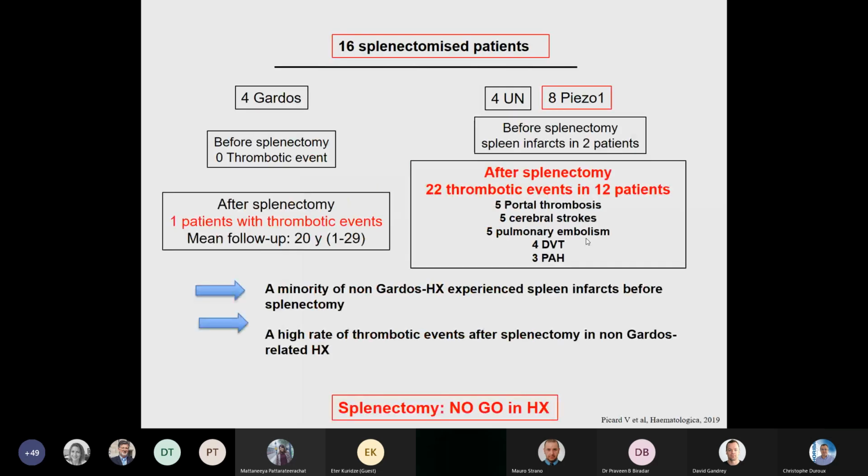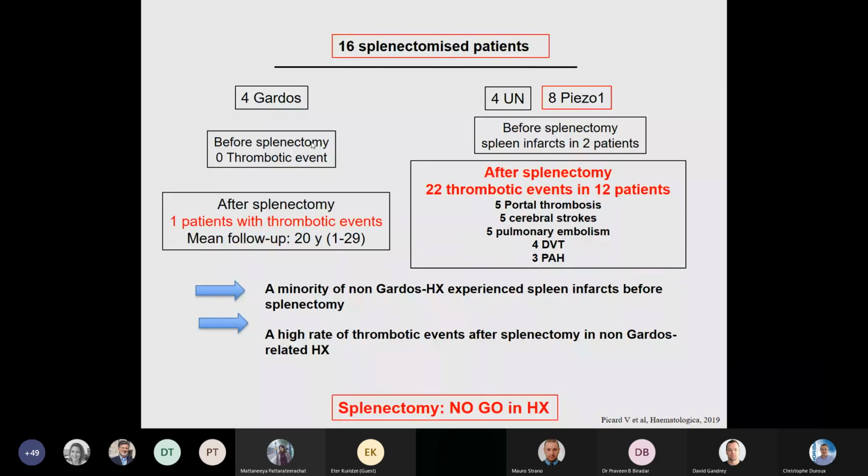What you have to know is that there is a very high rate of thrombosis after splenectomy in these patients. This is the publication we made. I'm going to be fast on that. There are 4 Gardos patients that have been splenectomized, with only 1 complicated thrombotic event post-splenectomy, and there were 8 PIEZO1 mutated patients, and 4 patients for whom the mutation was not identified, but they were retrospectively mainly PIEZO1 patients. Of these 12 patients, all of them experienced thrombotic events: 5 portal thrombosis, 5 cerebral strokes, 5 pulmonary embolism.